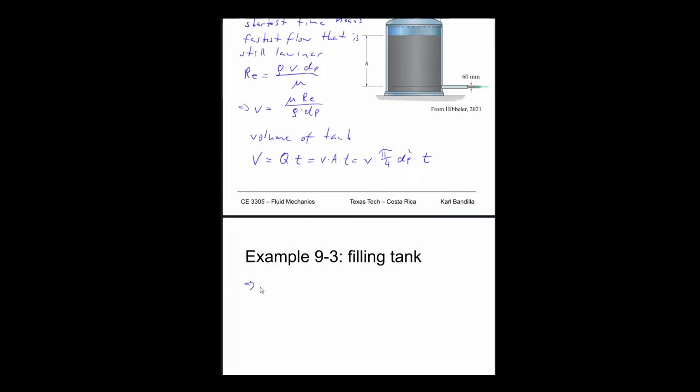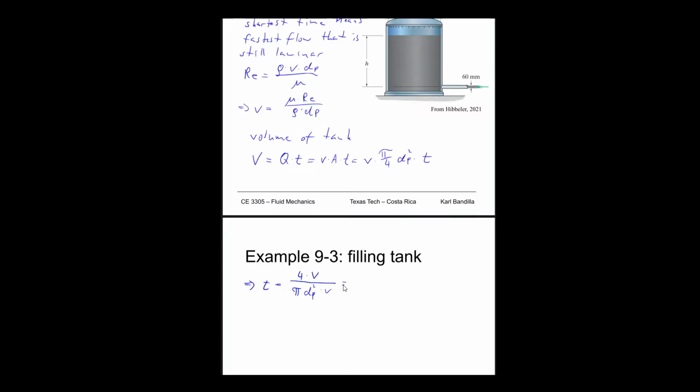So t is equal to, well, we have to multiply by 4, so we'd have 4 times V divided by pi times d pipe squared times our velocity right there. And be careful with the capital V up here and the lowercase v there.